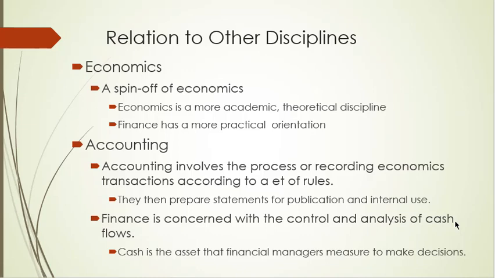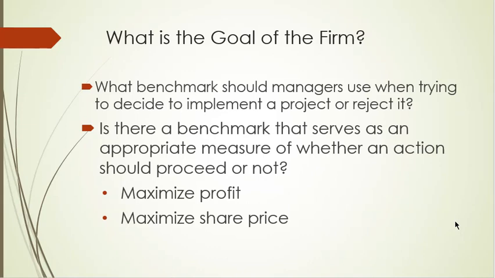Cash is the asset that financial managers use to make decisions. So accounting is a reporting function, and finance is the applications function, if you will. So the other disciplines are directly related. However, they do have some differences in decisions and how they ultimately are used.